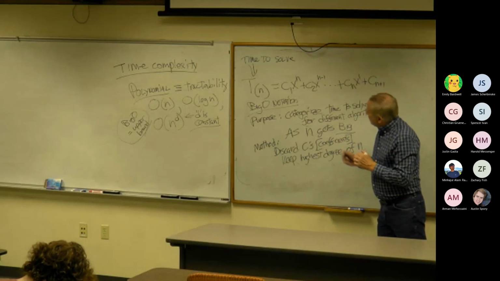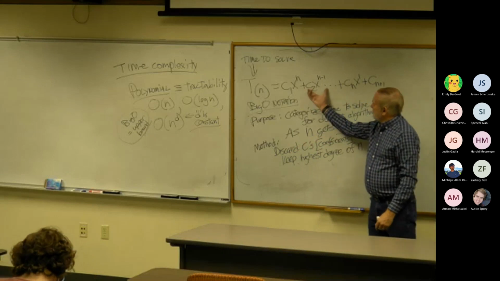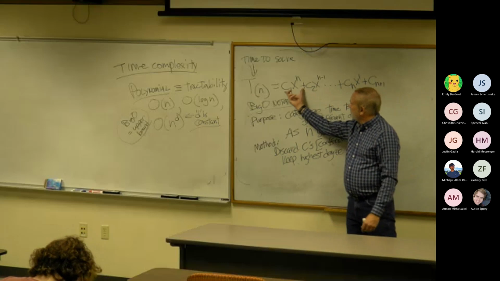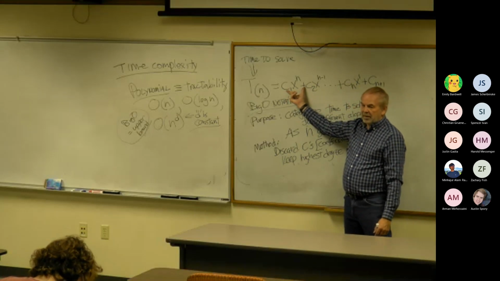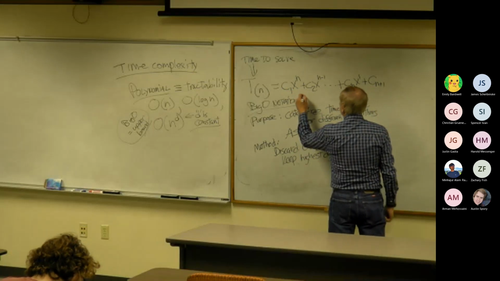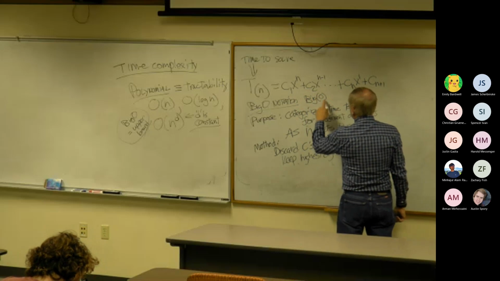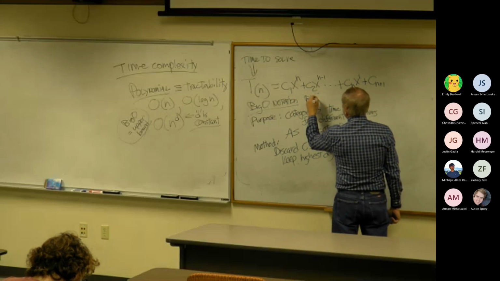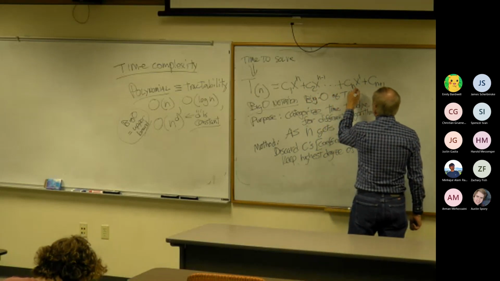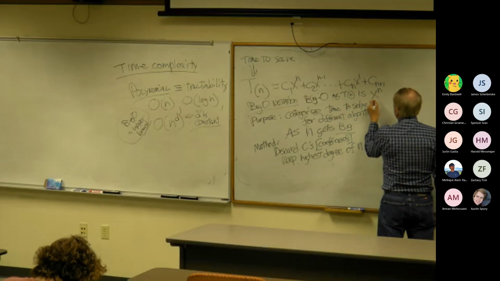I think we've looked at this a couple times. The justification is as n gets big, all these other terms wash out relative to the highest order of n. And so big O of T of n is just that highest power.